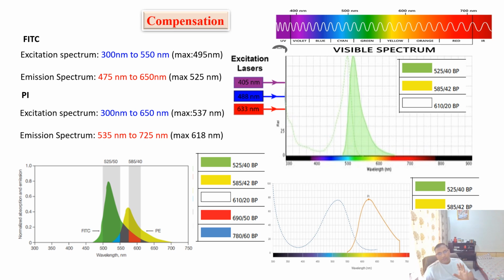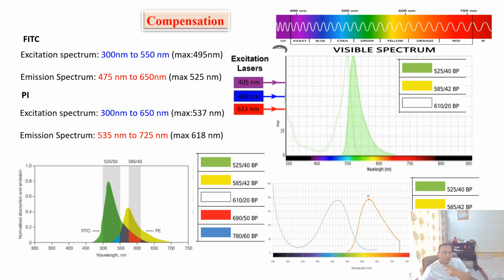Four filters can detect FITC. However, the maximum intensity of light is detected by the green one. That's why we use the 525/40 bandpass filter, the green filter, to detect FITC, and we observe the color of FITC as green. But it is not only like that. It can be detected by this filter, this one, this one.